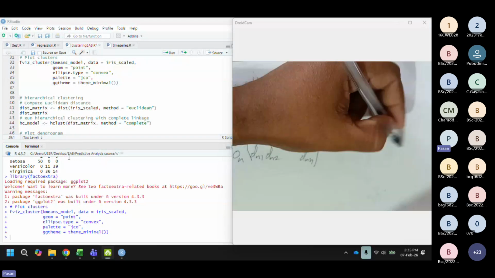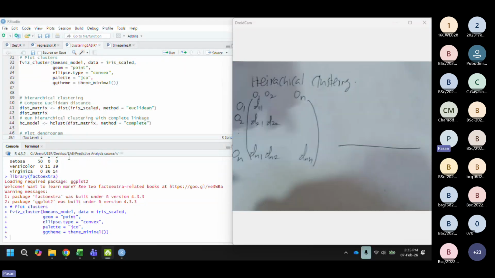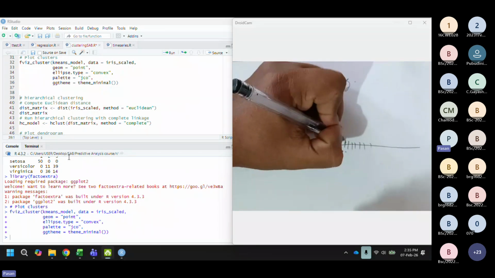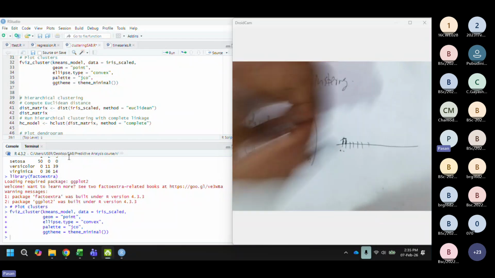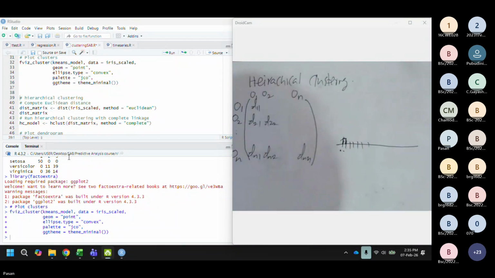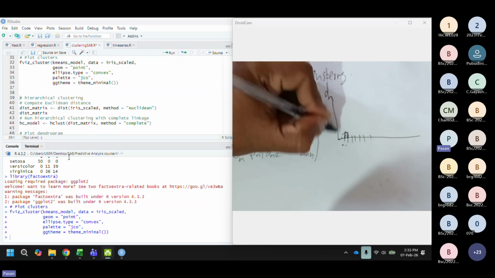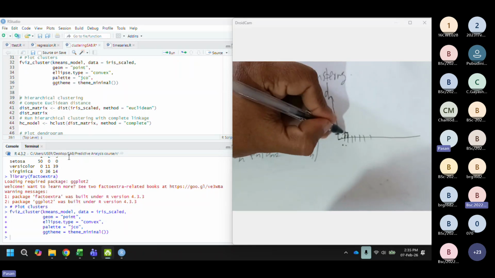Now as a diagram also we can draw that, right? We can identify several observations, and you know that they are the closest, so we can group them together like that. And we know the distance, so we can see that level.